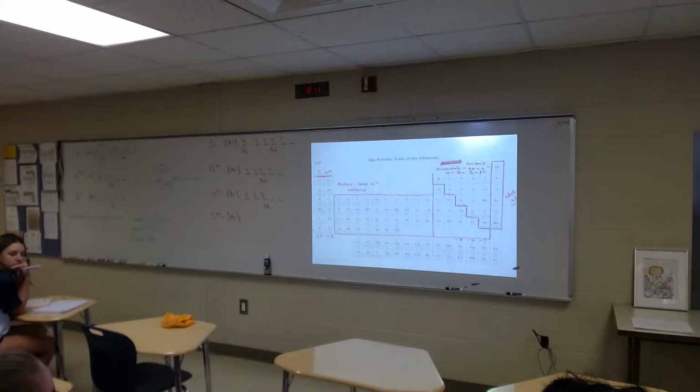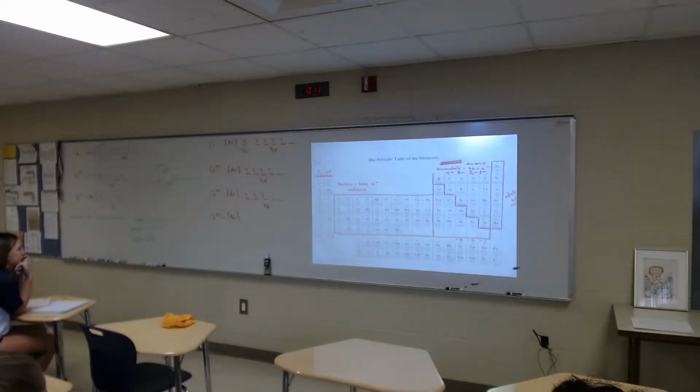But just for the record, charges are supposed to be written number, sign, and oxidation numbers are sign, number, even if they're the same thing. It's just the conventional rule that's used. I didn't come up with it, and I don't know why they decided that.